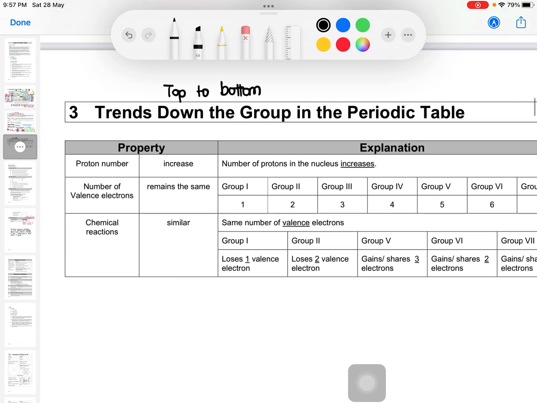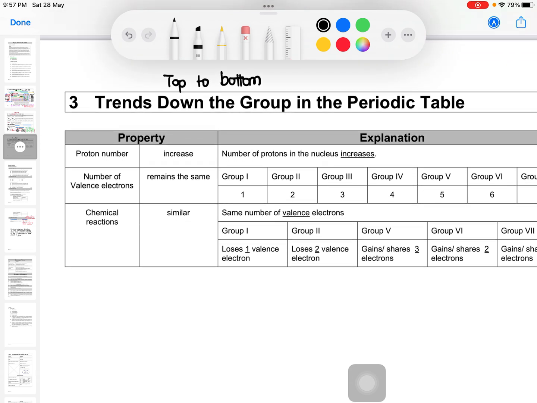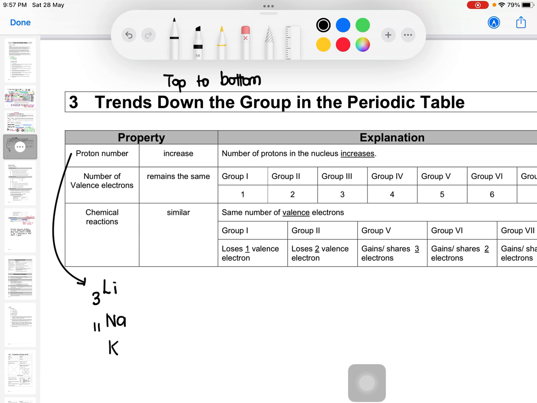I'm not going to go back to the periodic table, I'm just going to show you here. For example, lithium has proton number 3, sodium proton number 11, potassium proton number 19. Do take note, this is the nuclear notation.